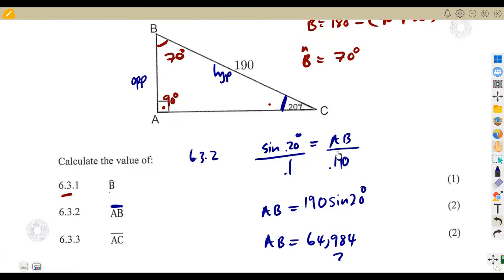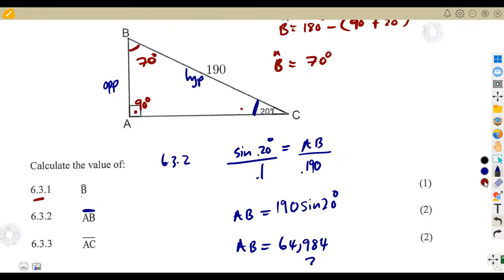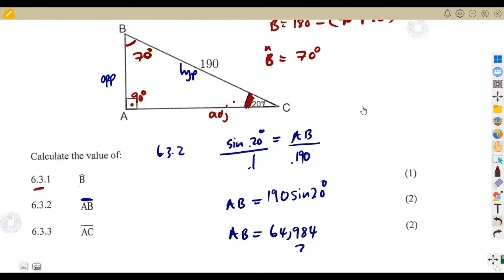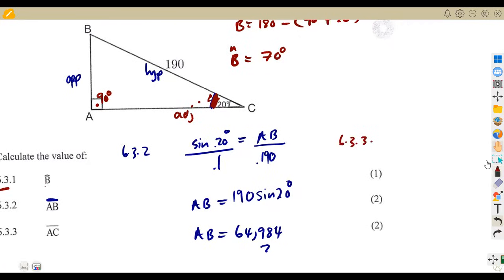For AC, you can do the same thing according to this 20 degree angle. This is the adjacent, so you need a ratio that has the adjacent and the hypotenuse. I'm referring to this angle of 20, not the one we calculated earlier. You could also have used Pythagoras theorem, since we now have two sides.